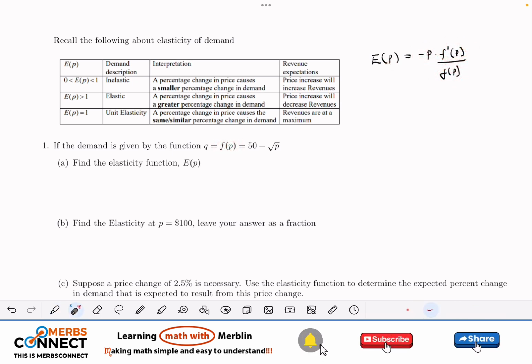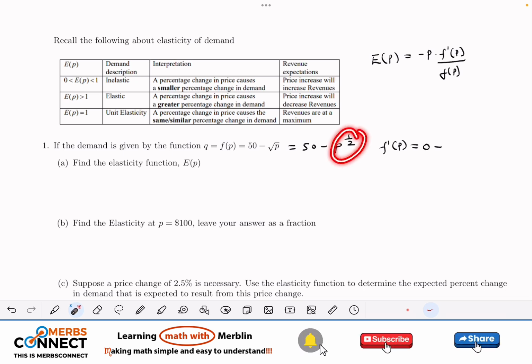Now, this can be written as 50 minus P^(1/2). So I change the root of P to P to the power 1 over 2, which will help me to find f prime of P. So what is f prime of P? When I differentiate 50, I'm going to get 0, minus, when I use this, remember we started how to differentiate and we talked about radicals and the power rule.